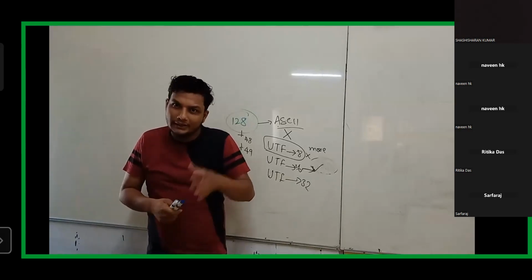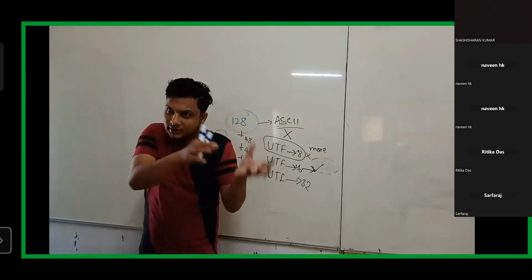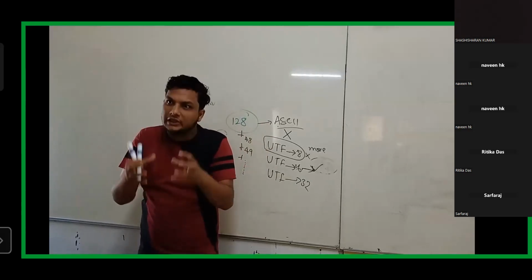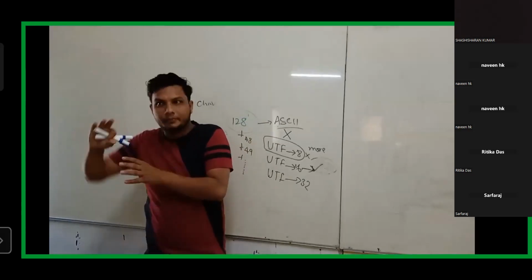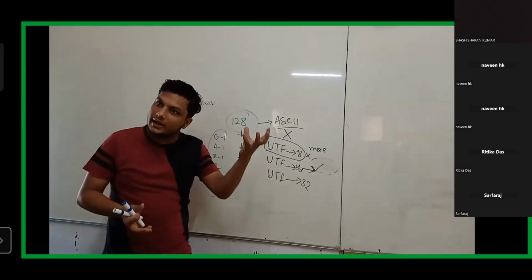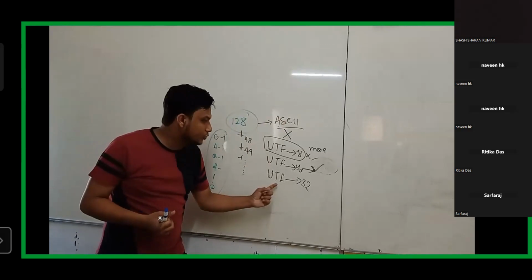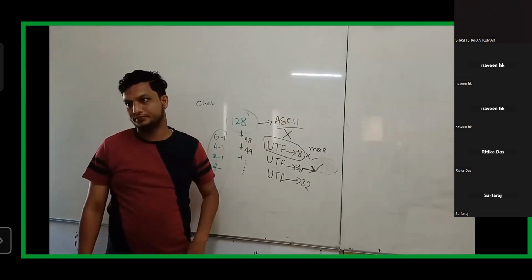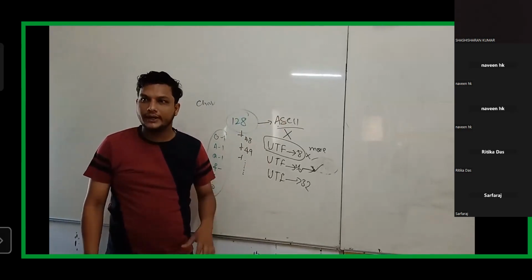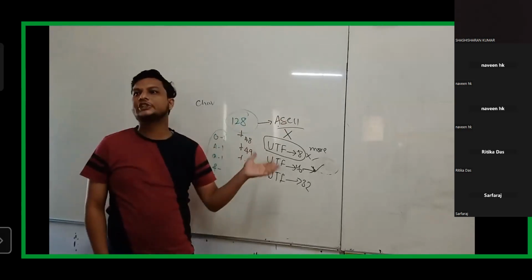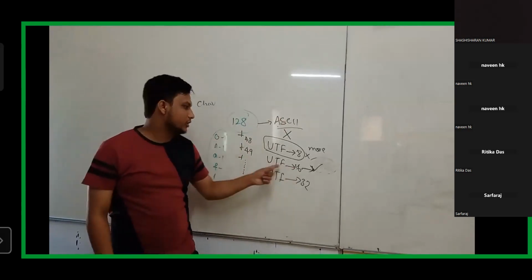No, right? But that is also one language, and it also needs to be stored, preserved, read, and understood so that it may help somewhere. Such languages are also included along with today's world languages. That is UTF-32. UTF-32 contains today's languages as well as ancient languages.